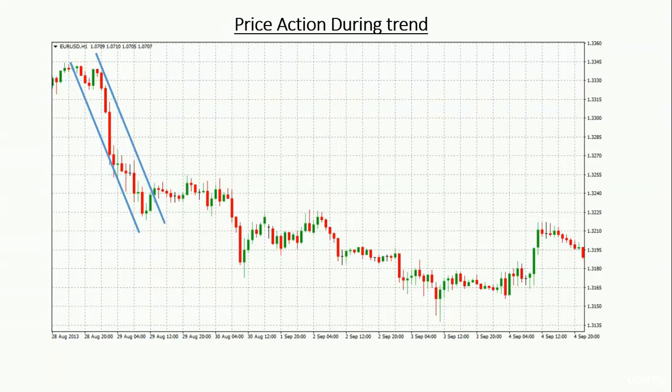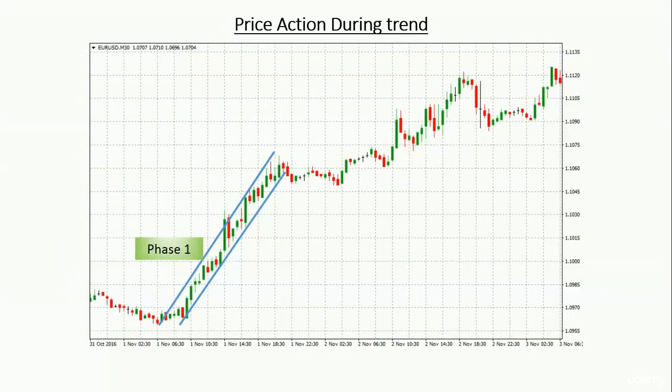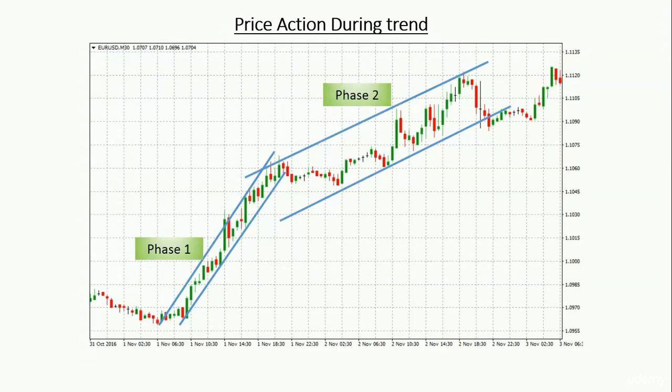The second stage of most trends expresses itself with less momentum than the first stage. As you can see here in the second phase of this uptrend, channels become wider and pullbacks become somewhat deeper.